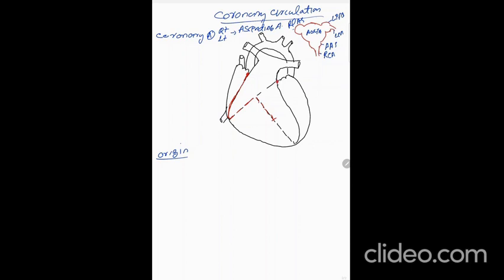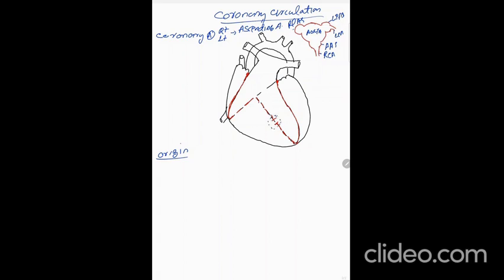Then it runs downwards and to the left through which sulcus? Anterior interventricular sulcus. It reaches the inferior border near the apex of the heart, goes to the posterior surface of the heart, and here it anastomoses with the right coronary artery.